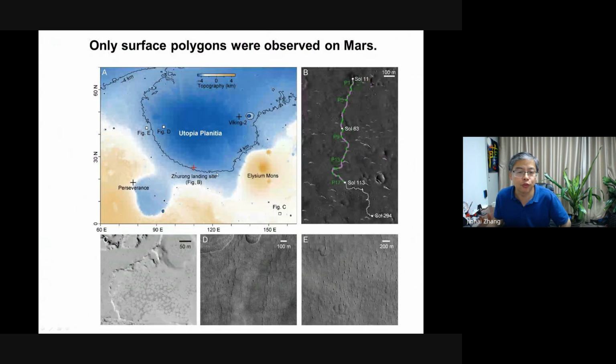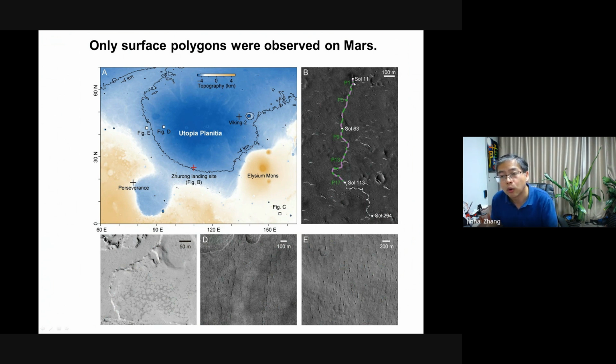Anyway, this kind of polygon is popular on the ground surface, corresponding to C, D, and E. We can see around the Zhurong rover landing site, there are many places on the surface with similar polygon terrain or polygon structures, although some of these have been ruined by the latest deposition.